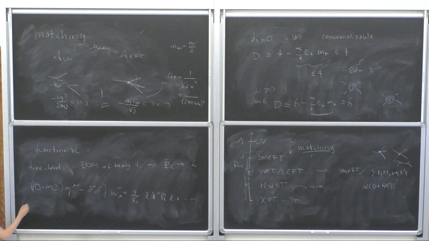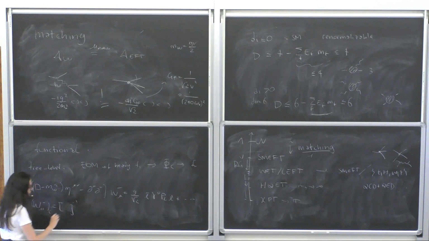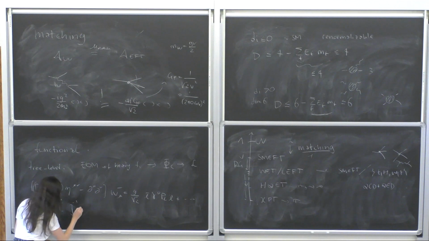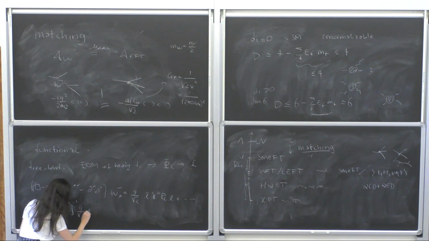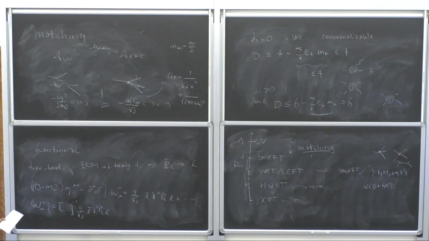You solve it, which means that you obtain the classical solution of the W, which has to be this kinetic operator inverted times that part there. And then you expand in the power counting. So essentially you want to expand in powers of the momenta over mW.